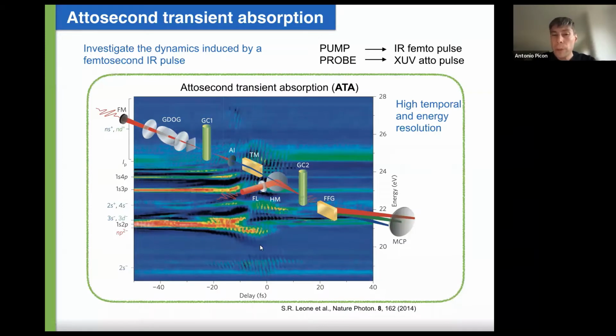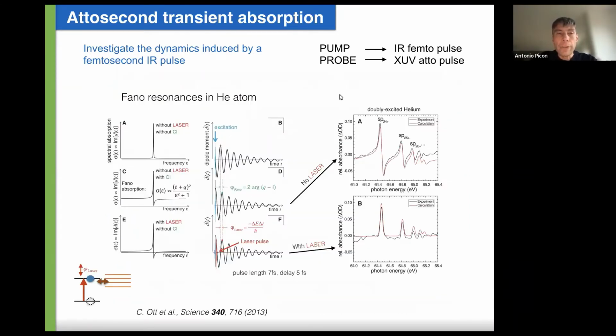In this particular scheme, this doesn't happen. So this is one of the nice features of ATAS. Before continuing and going into the condensed matter part, let me explain one of the nice features that we realized around 2013.